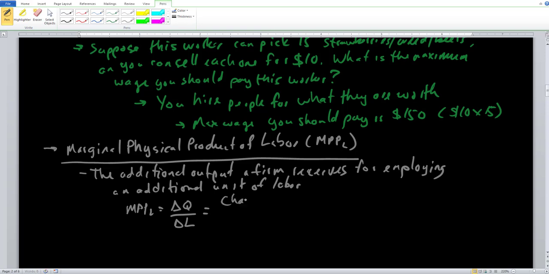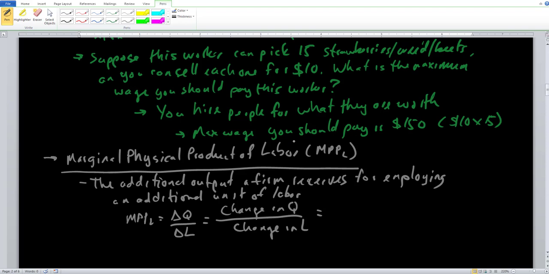So the change in Q divided by the change in L. In this instance, this one worker was able to pick 15 strawberries. We only hired one additional worker, so therefore our change in Q is 15. The change in labor is 1. This one worker is able to bring 15 units of this crop. So MPPL, the marginal product, is 15 in this instance.